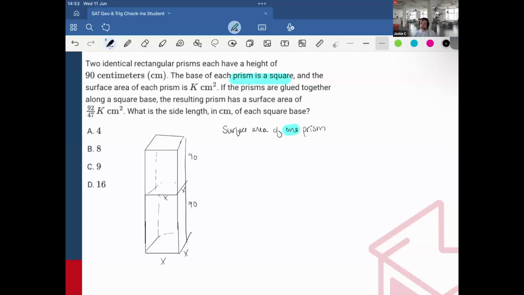So basically, we know that each prism is k centimeters squared, so that k would be equal to the area on the top plus the area of the bottom to calculate the whole overall surface area, plus the area of the sides.